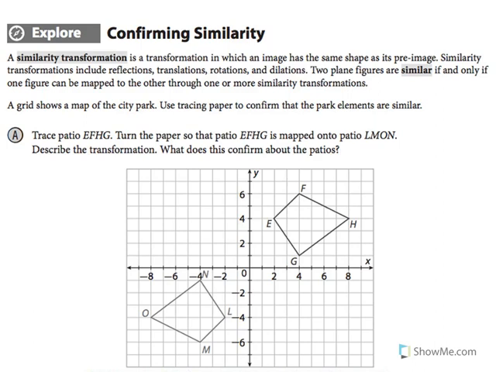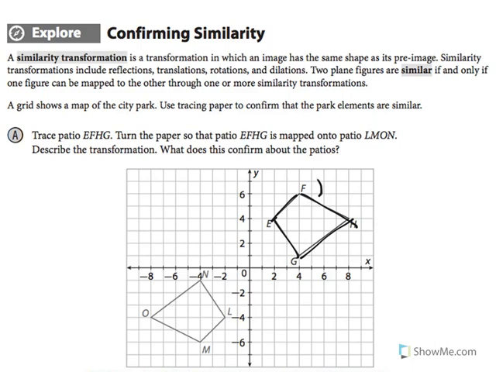Use tracing paper to confirm that the park elements are similar. A. Trace the patio E, F, G, H. So then we have E, F, G, and H. Turn the paper so that the patio EFGH is mapped onto patio LMON.